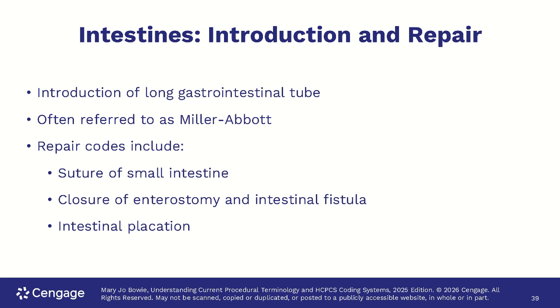All right. Intestines, introduction and repair. Introduction of a long gastrointestinal tube is reported with code 44500. This particular GI procedure is not the same as the nasogastric tube placement. This particular procedure, 44500, is typically referred to as the Miller-Abbott procedure.